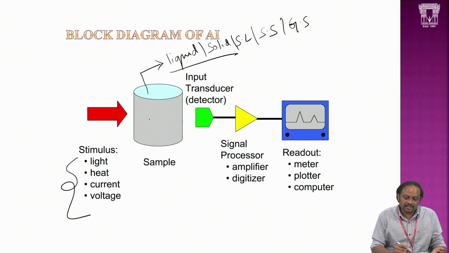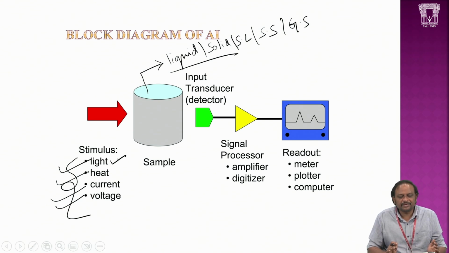You can stimulate the sample with light, or with heat, or you can generate a current and throw it onto the sample, or put a voltage onto the sample, so that it reacts with this stimulus signal: light, heat, current and voltage. Usually we rely on the light signal.